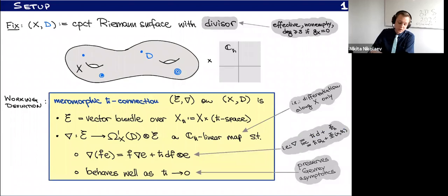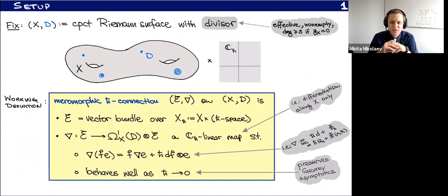Then there is this additional technical thing: I'm going to describe a certain correspondence for these connections, and the behavior of this correspondence turns out to be very transcendental in h-bar. This is so even if I start with connections, and I'll be working with rank 2 connections, which have a very mild behavior in h-bar, something like algebraic.